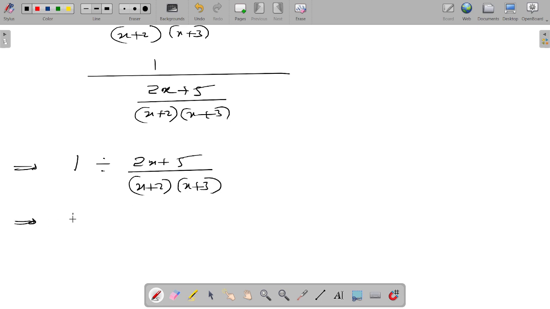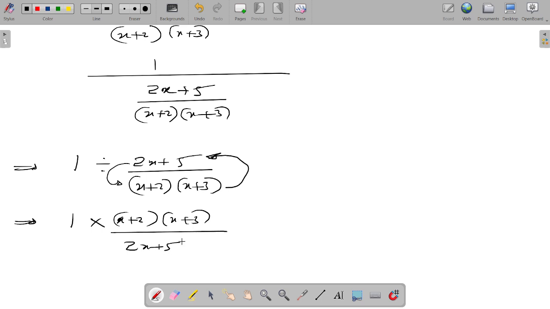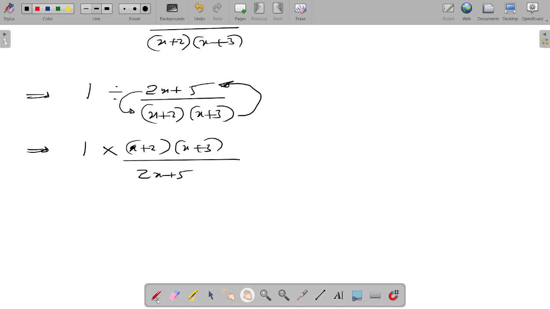And recall that I can easily switch this division sign to a multiplication sign such that the denominator goes up and this top expression comes down, right? You're going to interchange them, which is x plus 2, x plus 3 divided by 2x plus 5, right? I think we are getting closer to the final result from here. So this shows that we have 1 times everything here, which is still the same thing as x plus 2, x plus 3.